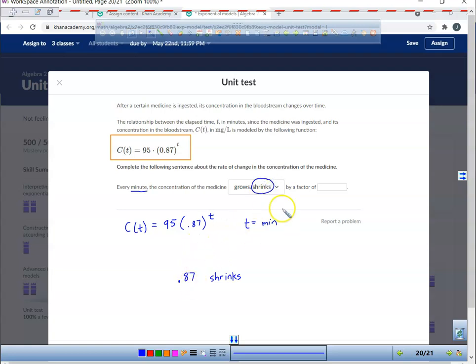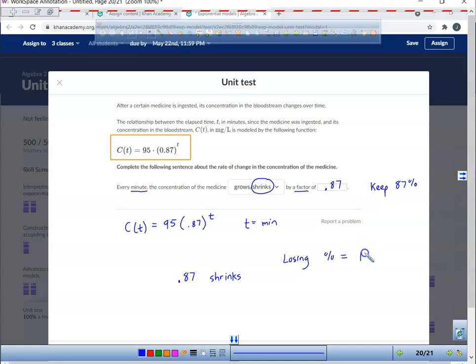And every single minute, what's it decreasing by? A factor of 0.87. Now listen, they could also ask you this question, and it's actually losing a certain percentage. Does anybody know what percentage it's losing? It's keeping 87%. So what percentage is it losing?